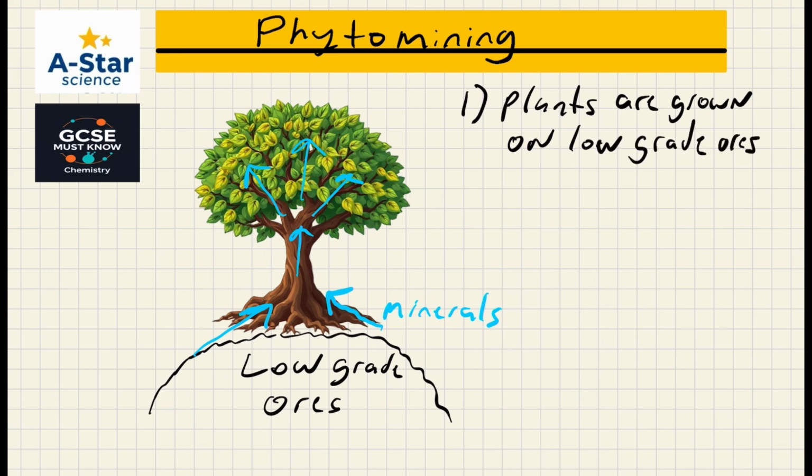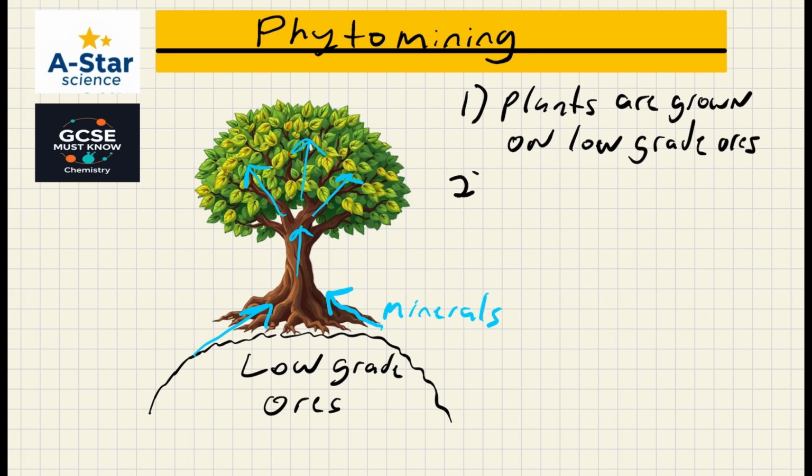And this leads to one of the disadvantages, which we'll talk about in a minute, that this process takes quite a long time because you have to extract lots of the low-grade minerals from these low-grade ores, and that takes a long time for the plants to do that.